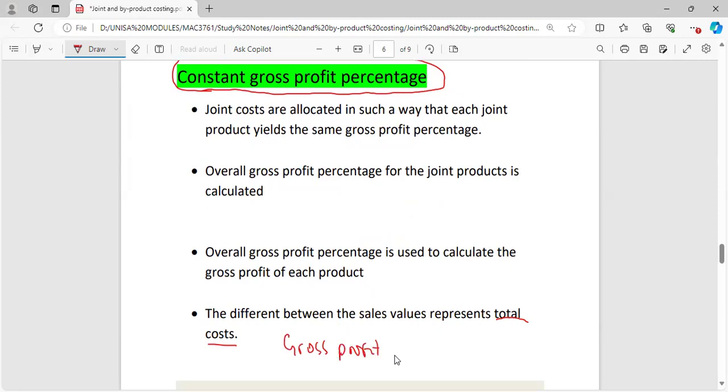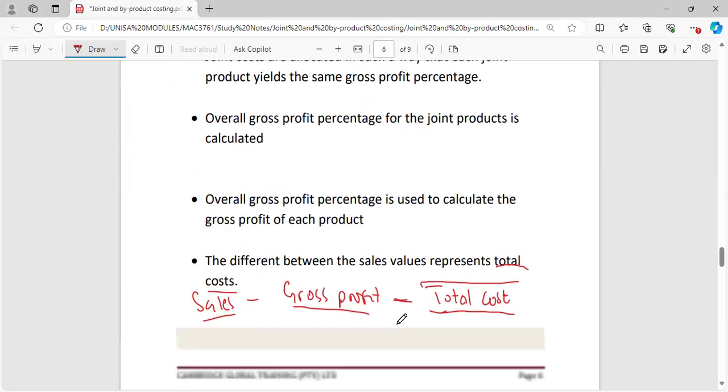Your sales minus the gross profit is now going to be the total cost, which is the joint cost that is going to be allocated to that particular product. So you have the sales value for each product, then you deduct the gross profit, and you have the joint costs allocated to that particular product. So that's the constant gross profit percentage.